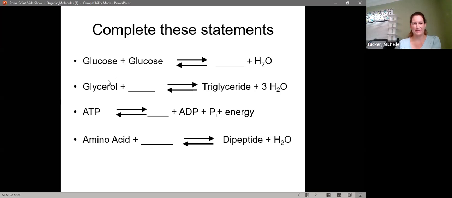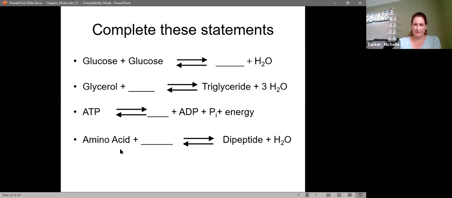Fatty acids. Yep, so glycerol and 3 fatty acids through dehydration synthesis. So it's that top arrow, make a triglyceride, and 3 waters. Don't worry about, again, we're not going to do ATP.